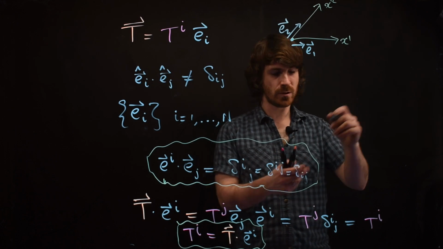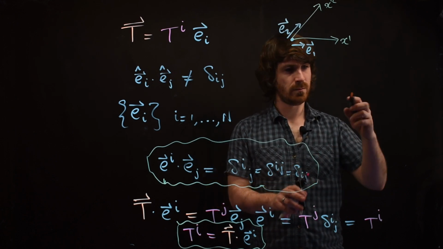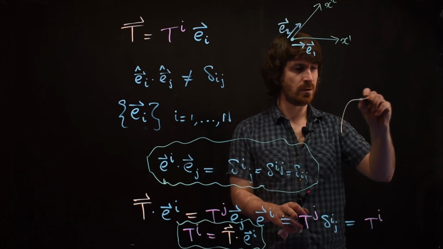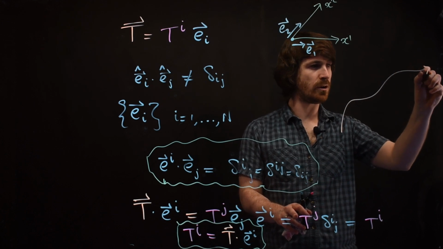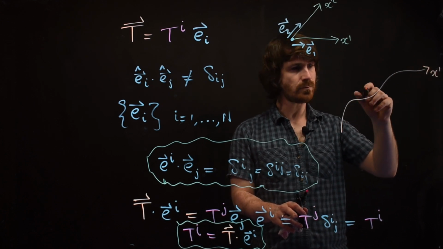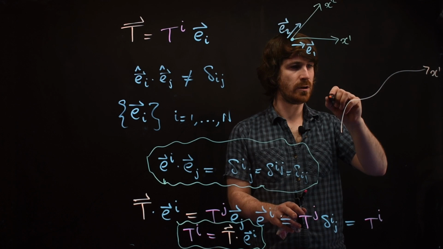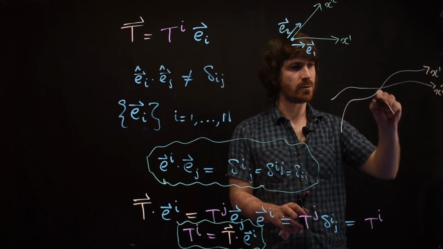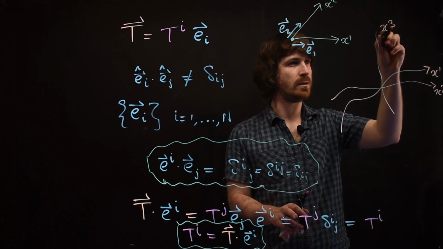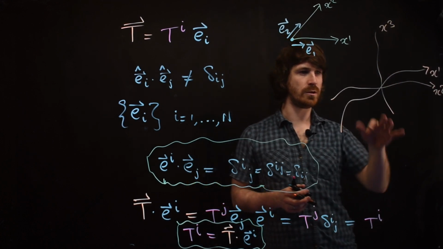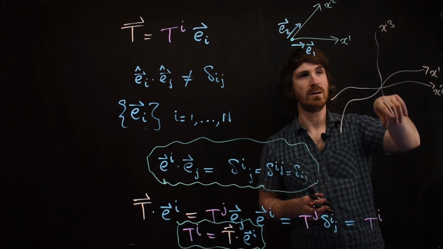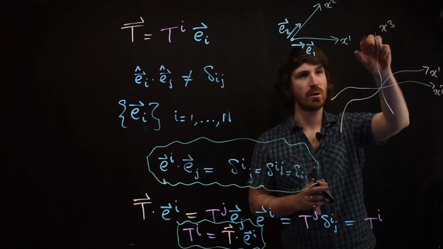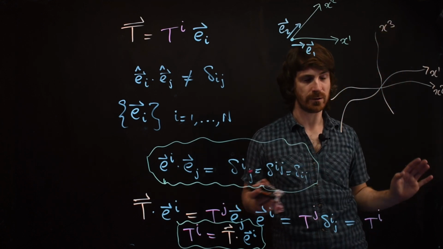If we think about our coordinate curves, let's have this as the coordinate curve for x1, the coordinate curve for x2, and a coordinate curve for x3. The coordinate curve is the line that we draw through space if we vary just one of the coordinates, keeping all the others constant.